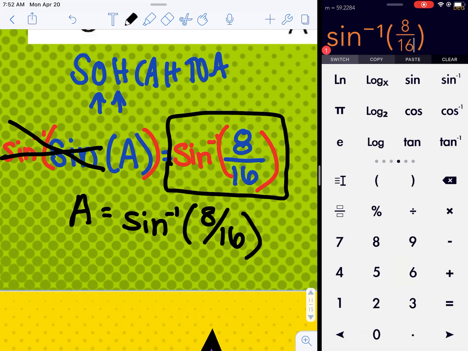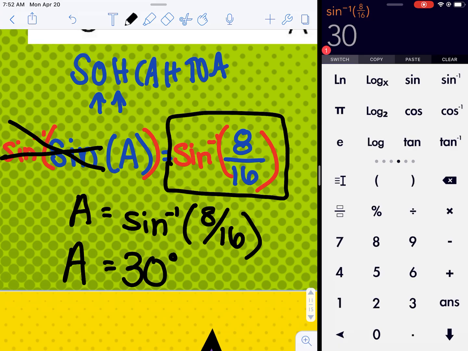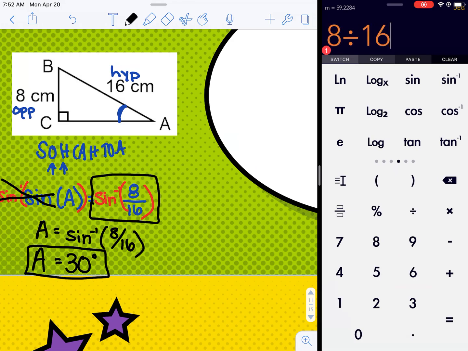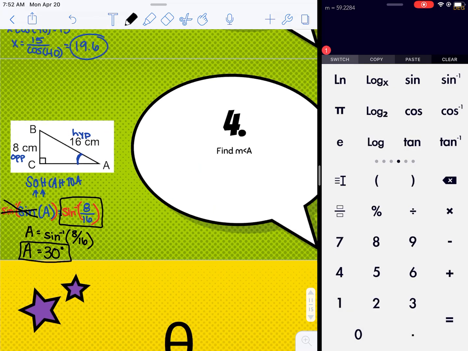So I'm going to type that in, and when I hit enter, bada bing, bada boom, my calculator spits out the answer. I can check this by saying, okay, is the sine of 30 the same as 8/16? And it sure is.